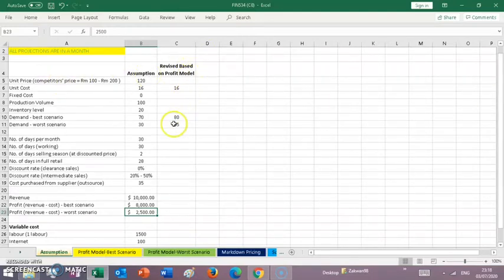I change only the demand only. Before this I assume for best scenario I get 70 unit. After I make a profit model, I change to 80, and for worst scenario also I change to 35 unit.